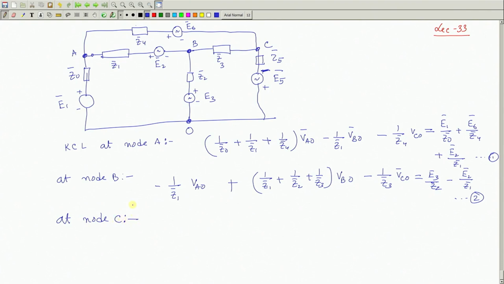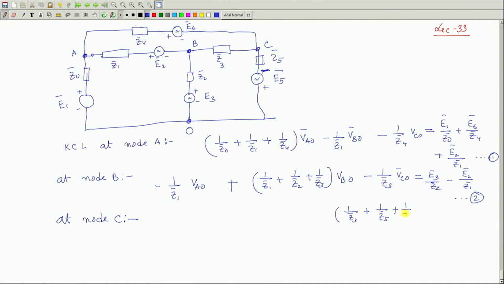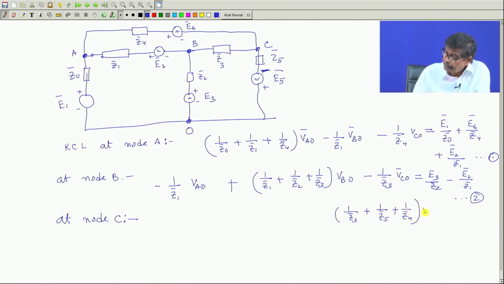At node C, the coefficient of VCO will be 1 by Z3 plus 1 by Z5 plus 1 by Z4, into VCO, and the coefficient of VAO, yes, there is a connection between A and C. So, minus 1 by Z4 into VAO, Z4 is the impedance here.